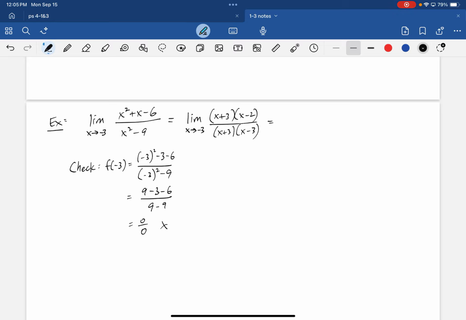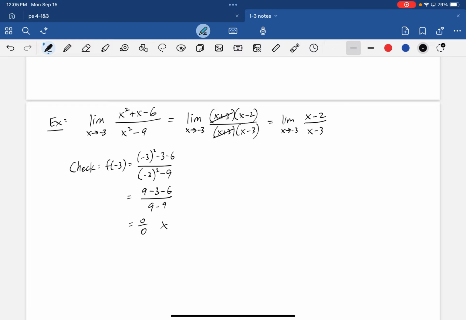Okay, and then what happens? Well, we can cancel out the x plus 3's, and so we're going to be left with the limit as x approaches -3. Notice how I'm writing the limit again, because I don't want to lose points. The limit as x approaches -3 of x minus 2 over x minus 3. Now, is this function defined when x equals -3?